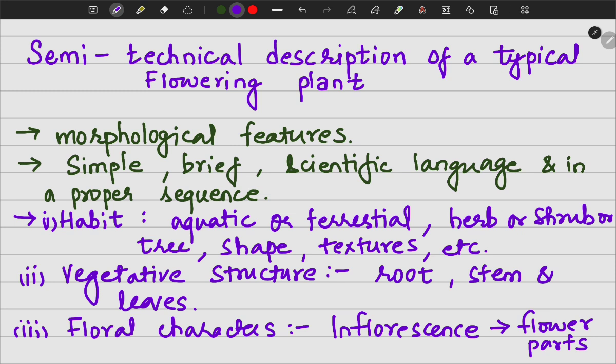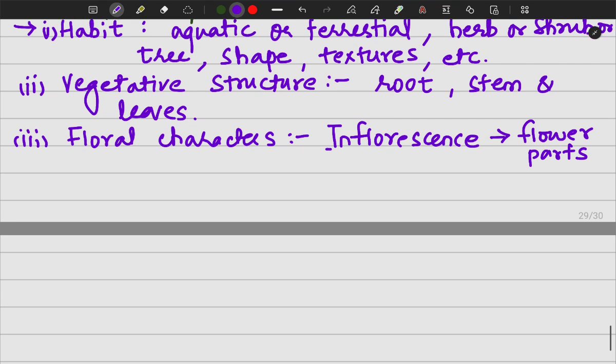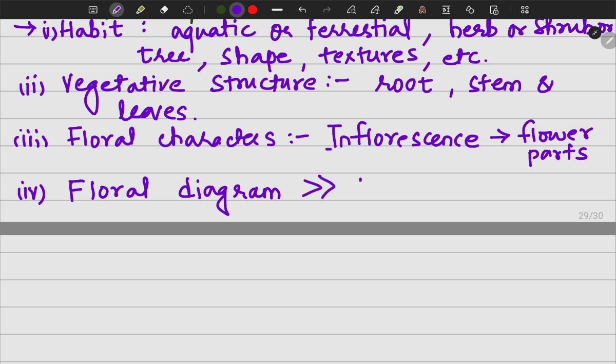What kind of flower parts are present in the floral whorl? Then after describing the floral characters, we draw a floral diagram and then we write the floral formula.